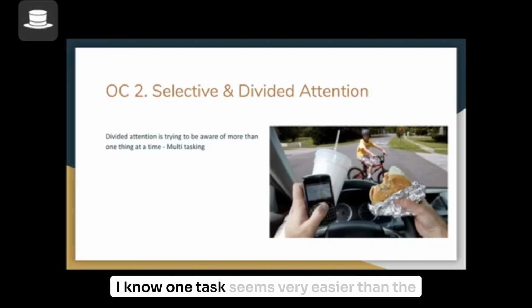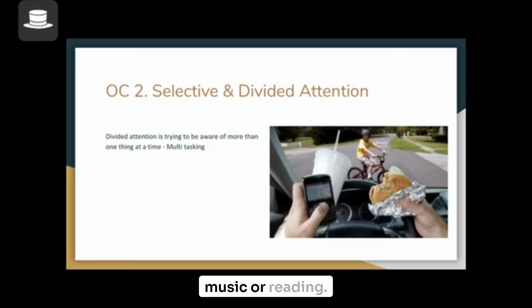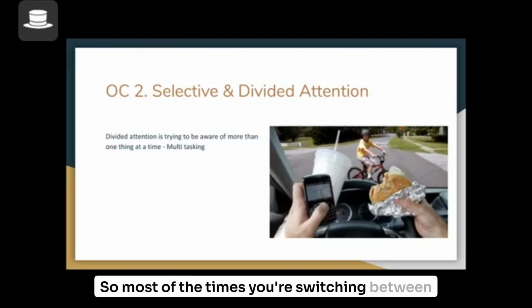I know one task may seem easier than the other, but that doesn't mean you're doing both at the same time. For instance, if you listen to music and study, you're not listening to music at any given point of time when you are studying. You're either listening to music or reading. So most of the time you're switching between tasks.